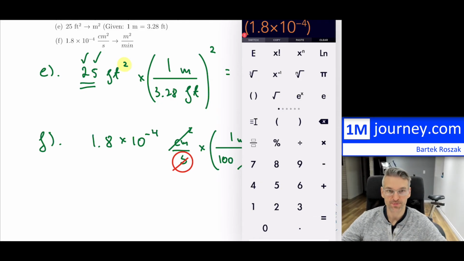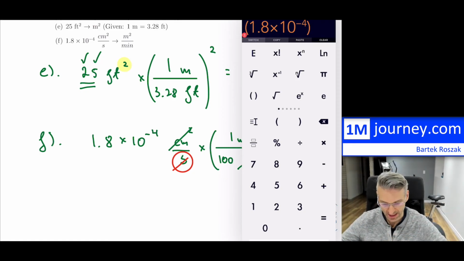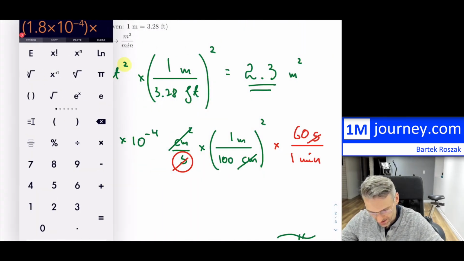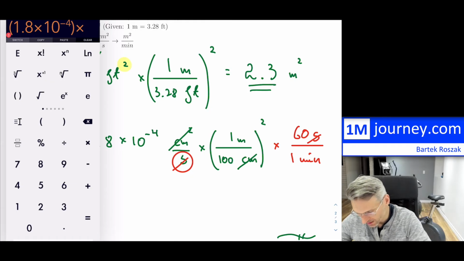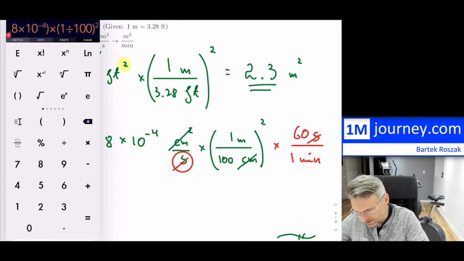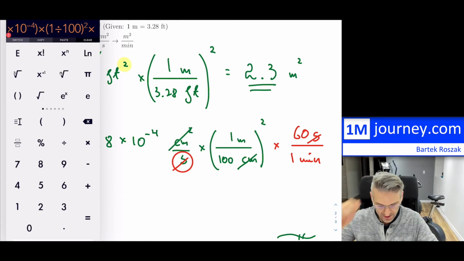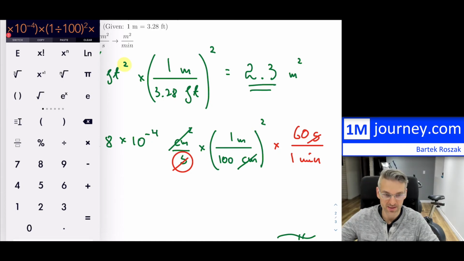Depending on your calculator, you can talk to your teachers and see how this can be inputted. And once you have this, now you can say, okay, multiplied by, and again, I'm going to put 1 all over 100. This is all in brackets. This one is squared. And then finally times 60, because it's 60 over 1.